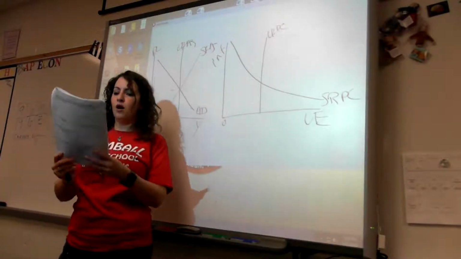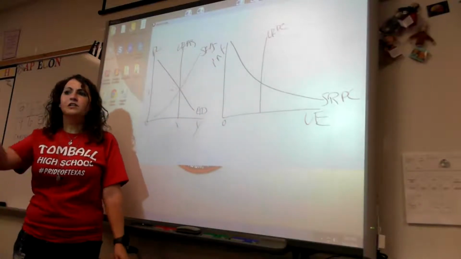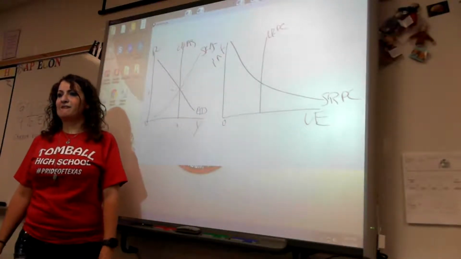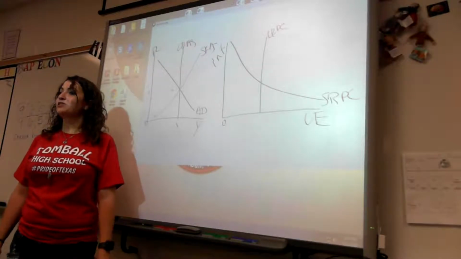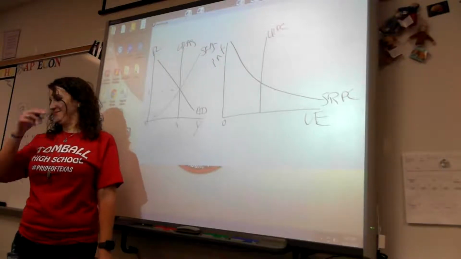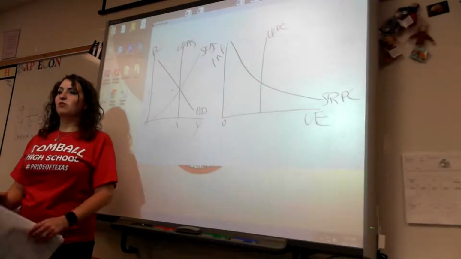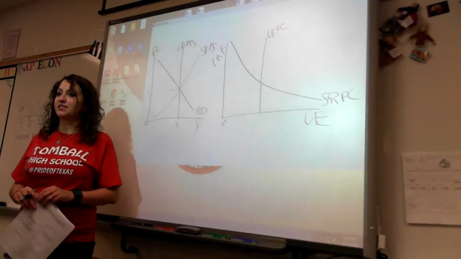Okay, so Hannah, give me an example of something that would decrease aggregate supply. Remember those aggregate supply shifters? We just wrote them down less than 5 minutes ago. Input prices. Be more specific. Tell me what happens to input prices that would cause aggregate supply to decrease. They go up.